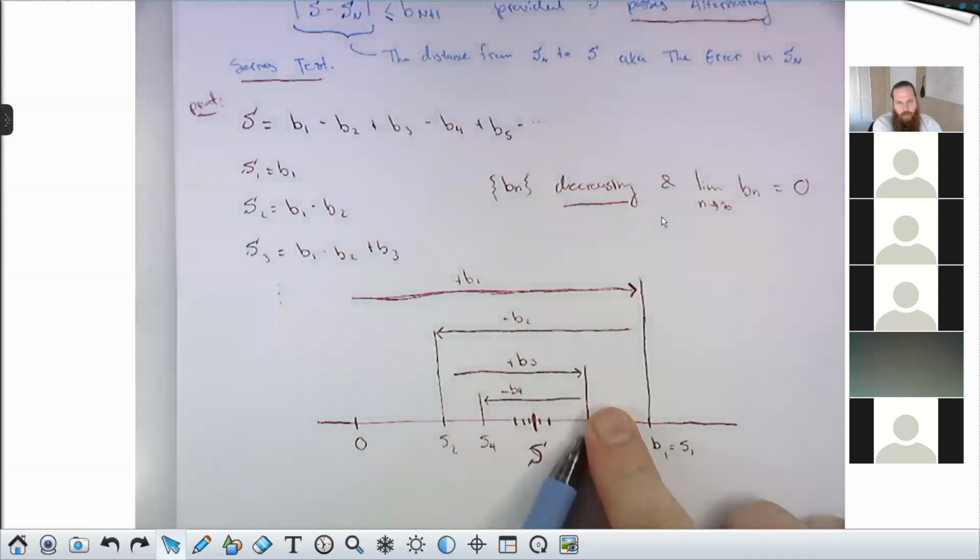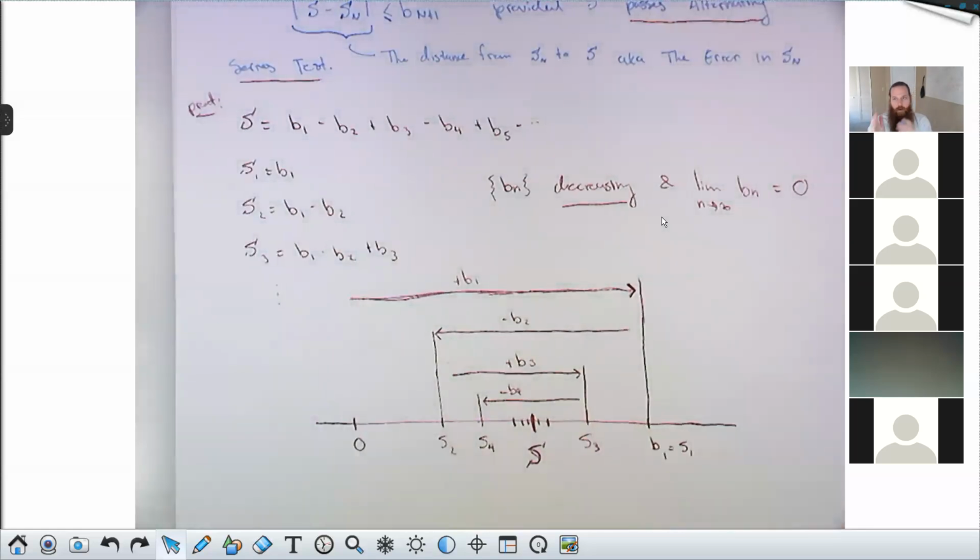So because you jump over S every time, the distance between any partial sum Sn and the full sum S is always less than the next term. So this picture really proves two things. It proves the alternating series test and the estimation theorem. It's a beautiful picture.